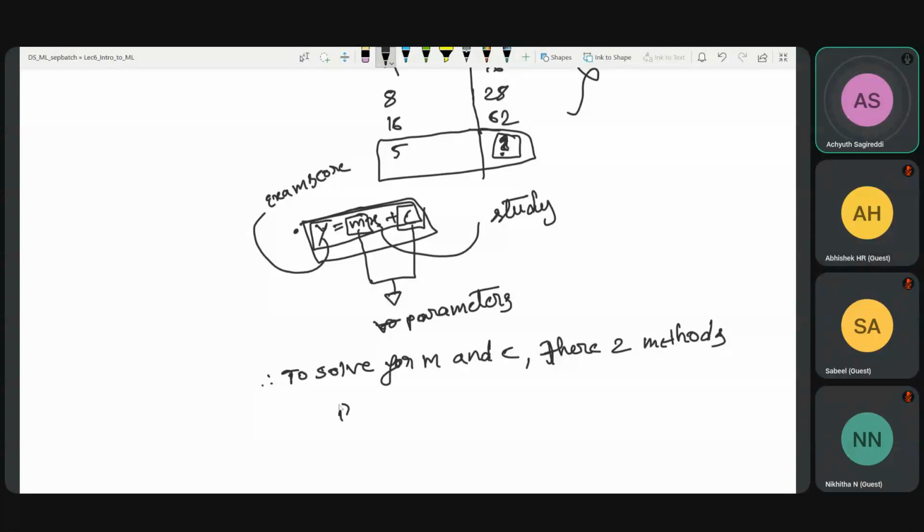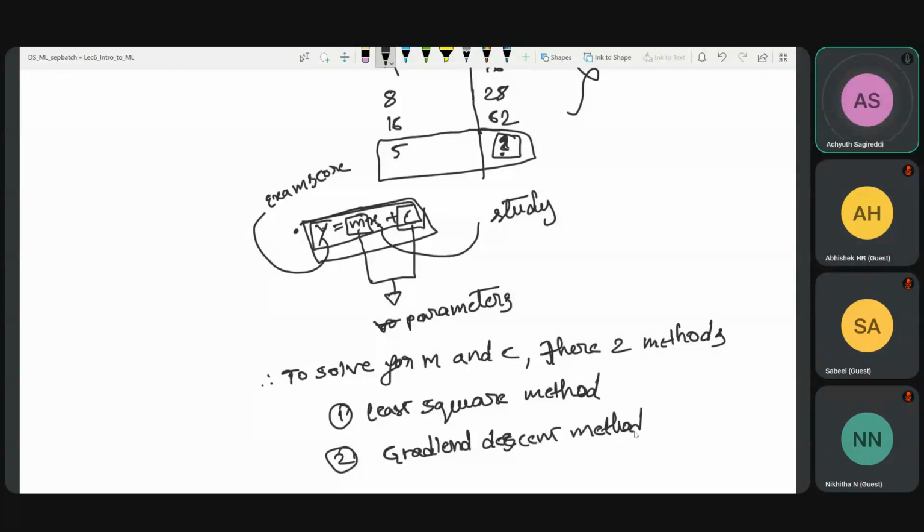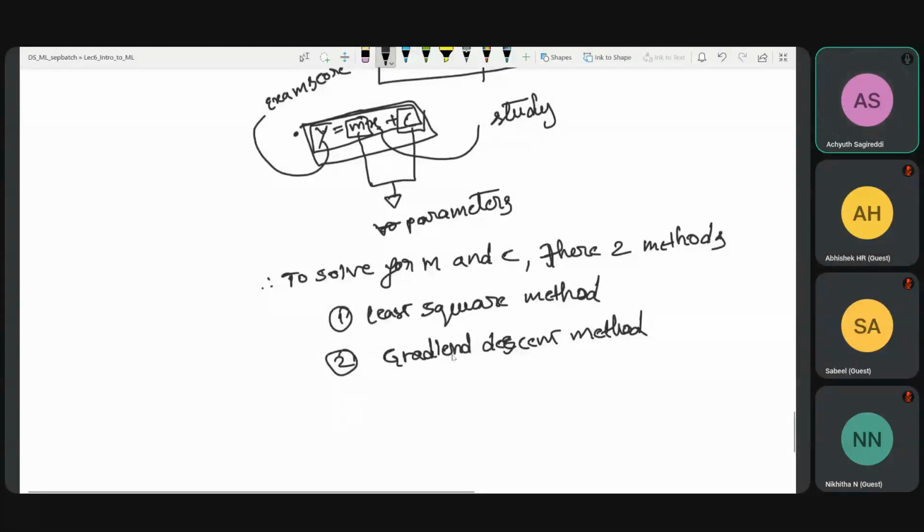The first one is the least square method, and the second one is the gradient descent method. There are two methods to solve for m and c.